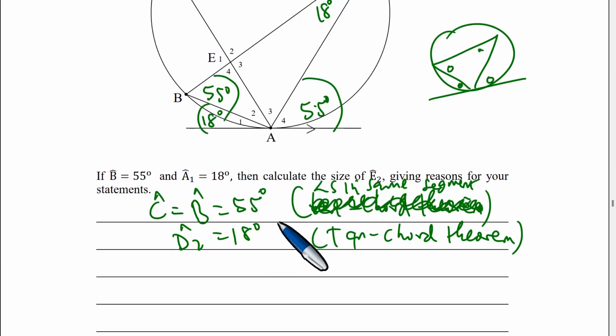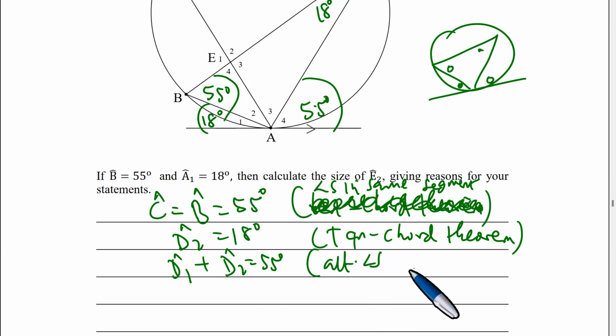So angle D1 plus angle D2 is equal to 55 degrees. Why is that the case? Because these are alternate angles. CD is parallel to the tangent.